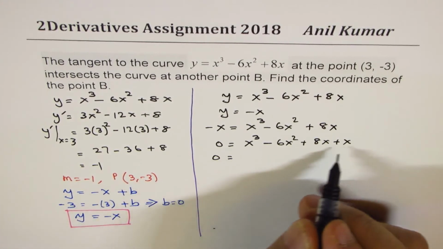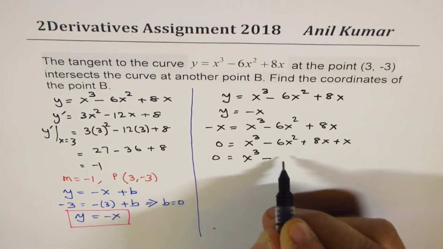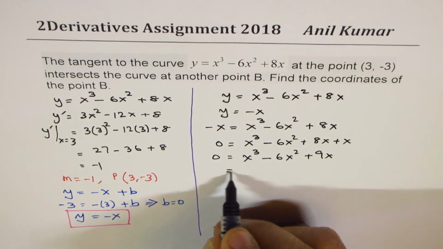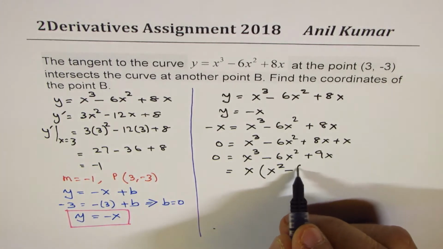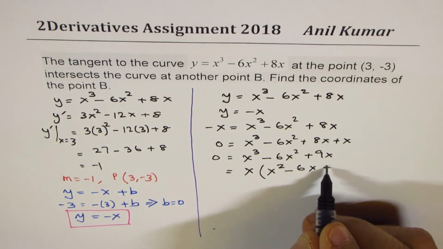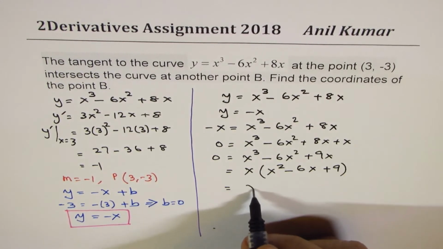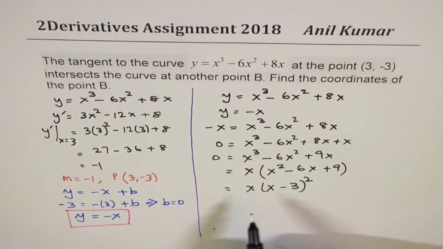So that is 9x now. So taking x common, we get the quadratic equation x squared minus 6x plus 9. Now, this is a perfect square, x minus 3 whole squared, correct?